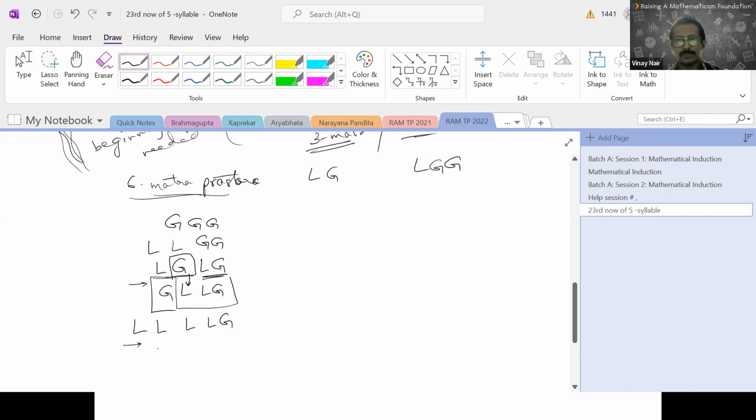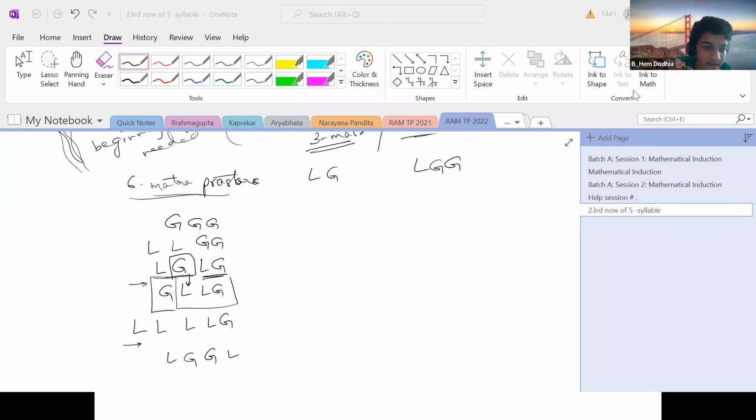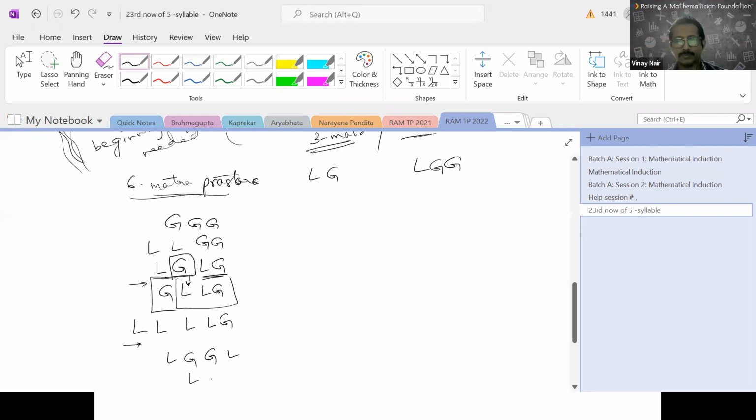Next row. Again, this time we only have 1 L at the end, and then we'll be adding 2 G's and 1 L. Same thing again. The first G becomes L. So we have LGL, and that would be 4.